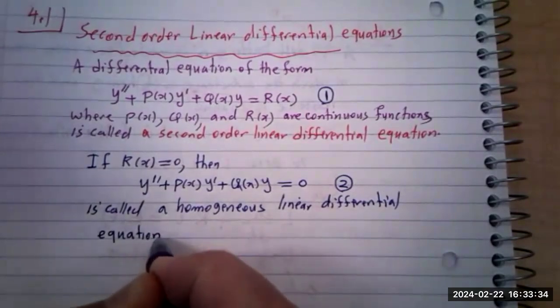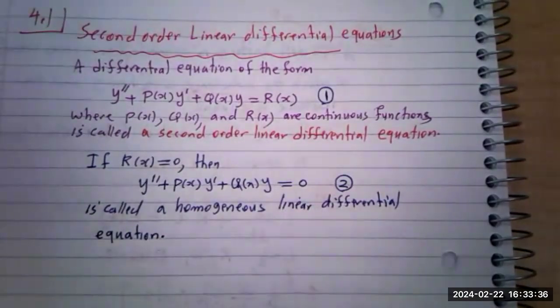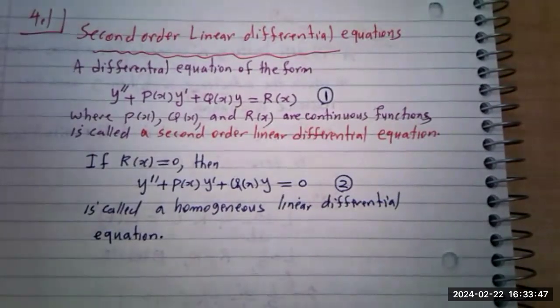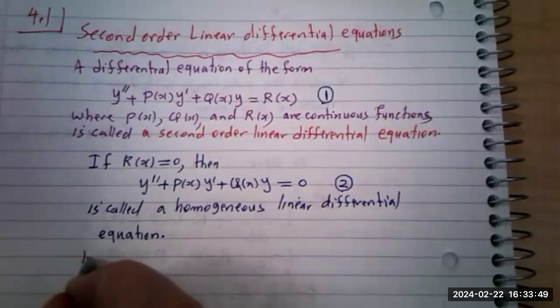It's going to be a homogeneous differential equation associated to number 1. Okay, so this is going to be the case. Any questions? Let's have some examples to get to know them.